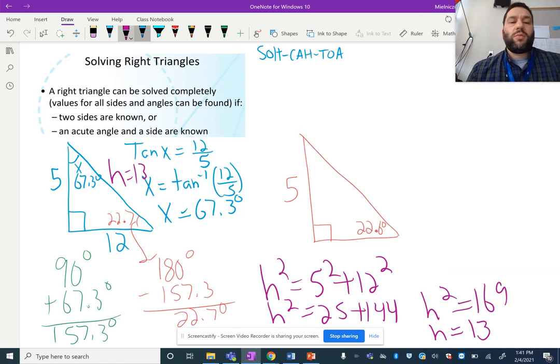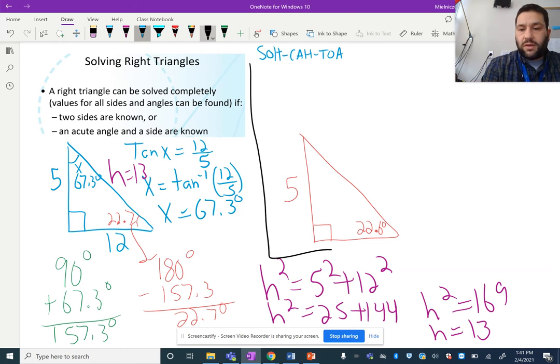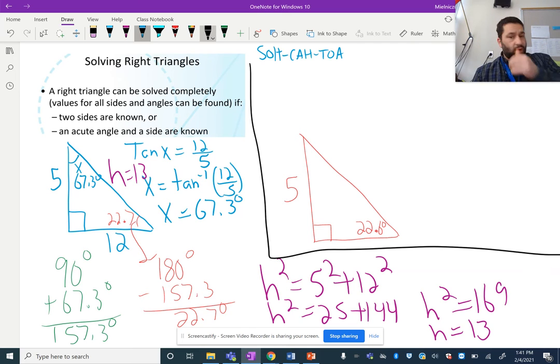Now, let's take a look at what we do if we have an acute angle and a side. So here in the red triangle, we have 22.6 degrees and we have a side of 5. So now you have a little bit of choice. Do you want to solve for the hypotenuse first, or do you want to solve for the side adjacent? It doesn't necessarily matter. I'm going to go for the hypotenuse.